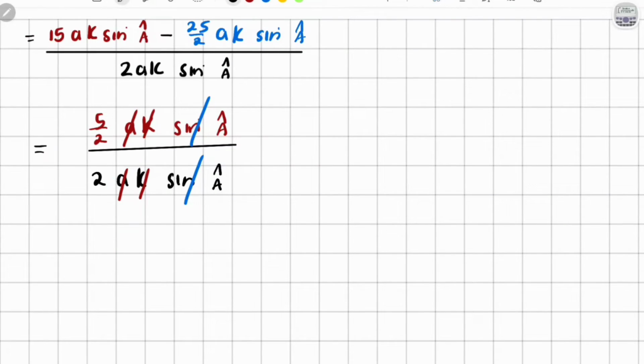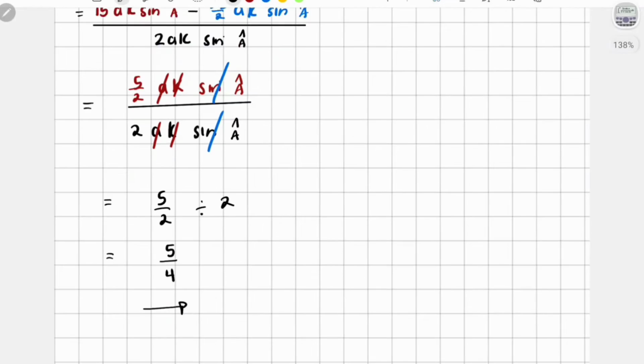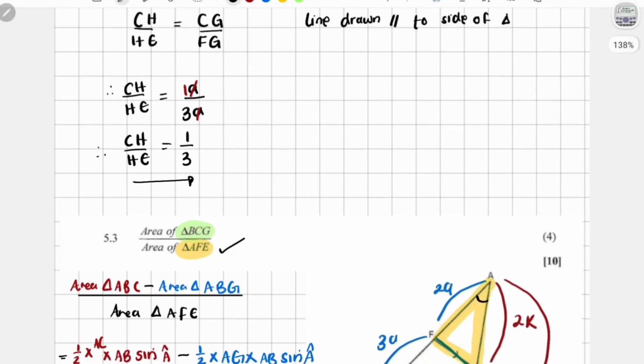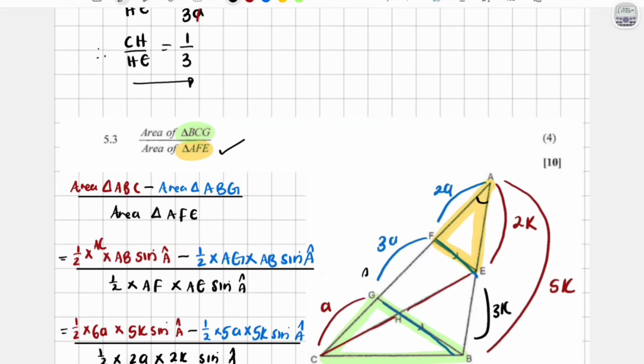All you're left with is 5 over 2 divided by 2. You'll find out that it's going to be 5 over 4. So that is what those areas put over each other would give us.